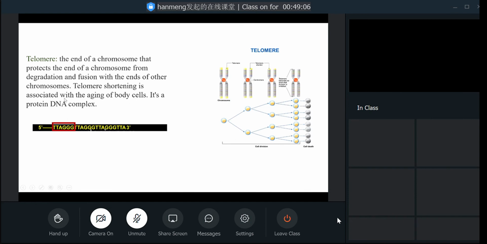So, in each replication of DNA, the telomere will become shorter. Then, if the chromosome has no telomere, this chromosome will be degraded.